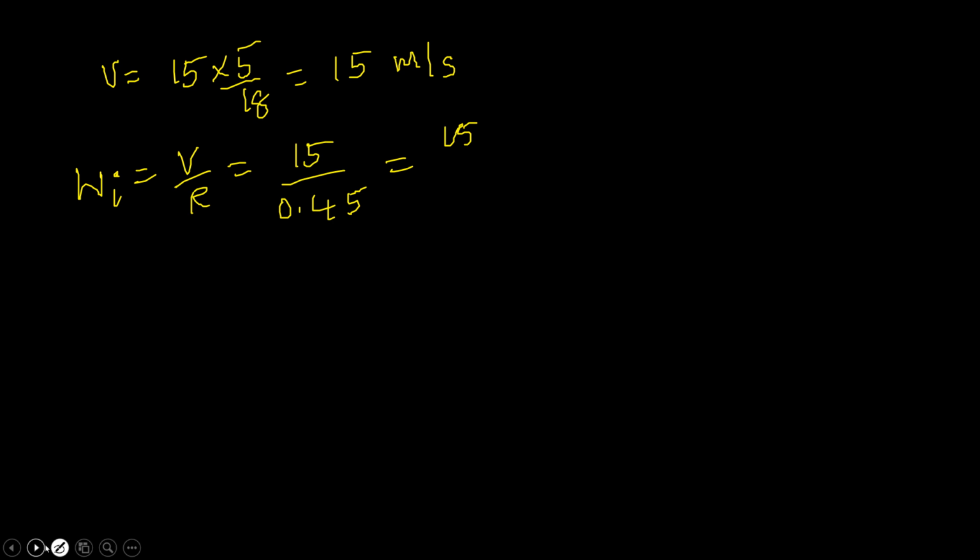If you solve this, according to your calculation, you'll get the initial angular speed equal to 100 by 3 radian per second. You do your own calculation; if you know the answer directly, that's fine.